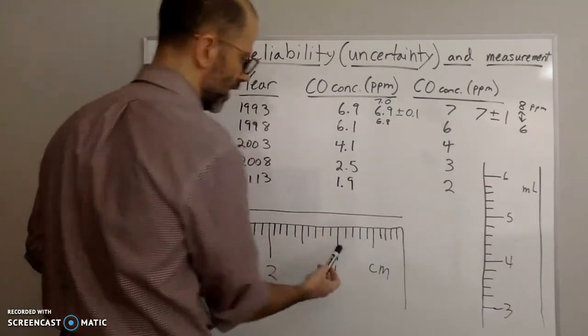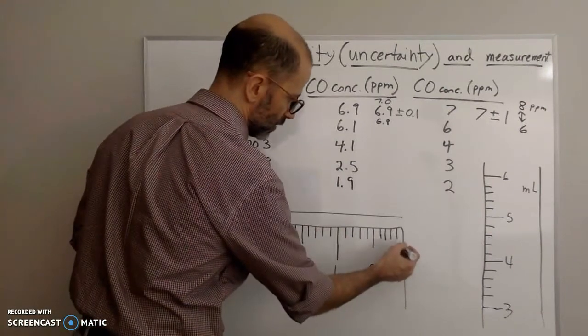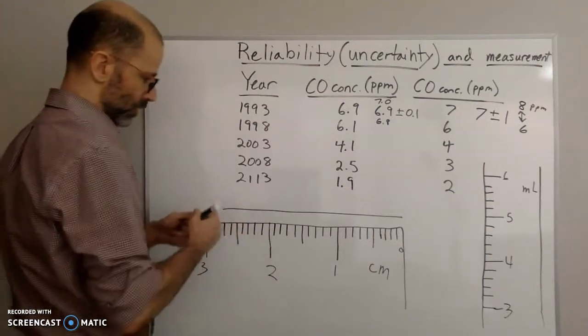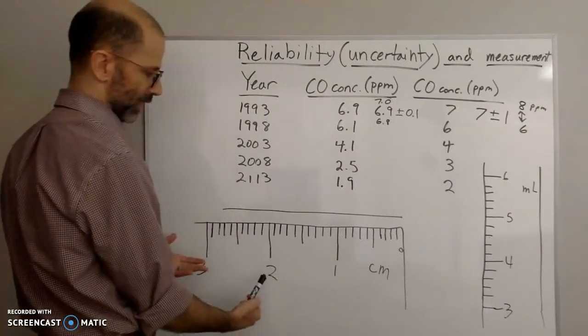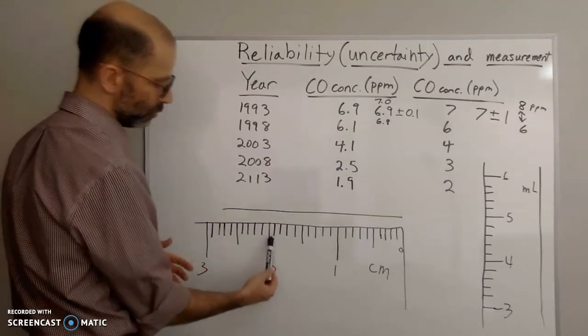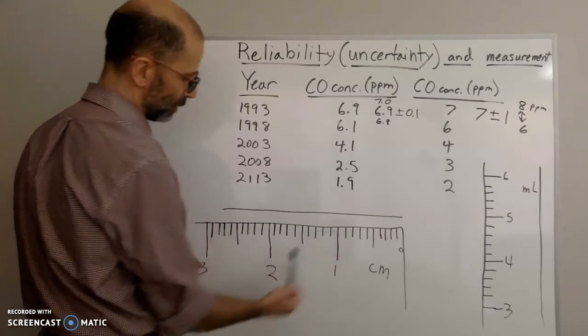The way you do that is you take any 2 consecutive numbers on your measuring device, so this would be 0, and you count the number of spaces or increments in between.